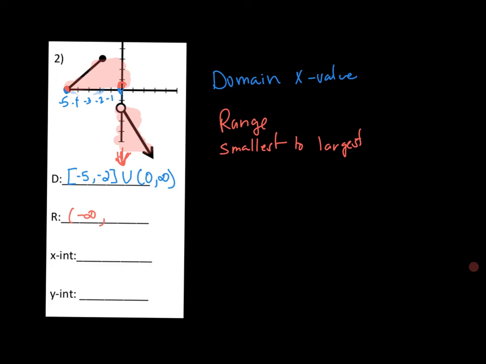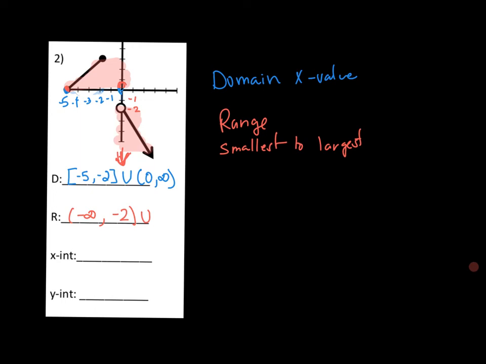Now, the interesting part about my range here is if I look at this, I'm going from here to here, and there is a gap between here and here. Because none of this piece is filled in for that range, I'm going to stop right here. That's going to be an open circle. So that goes all the way up to -2. And again, because there's a gap, I have to connect those. I do that with the U for the union symbol.